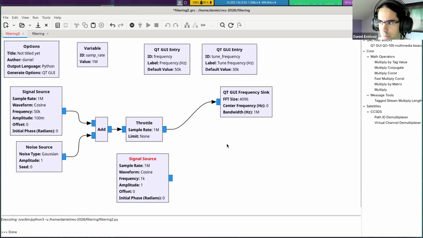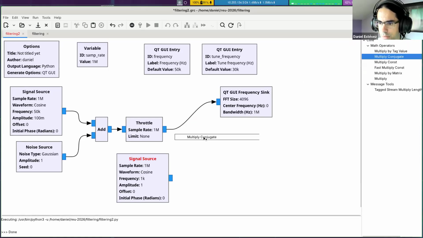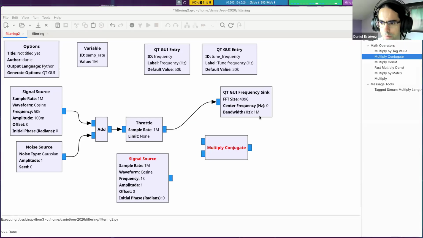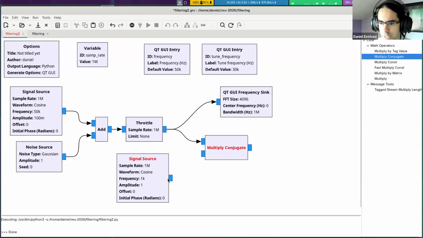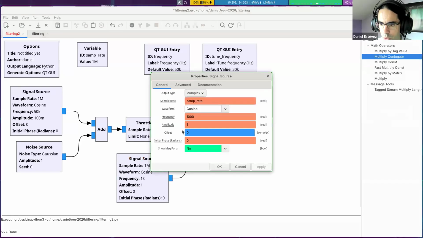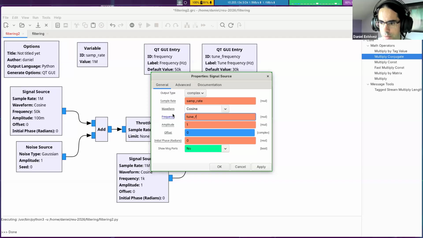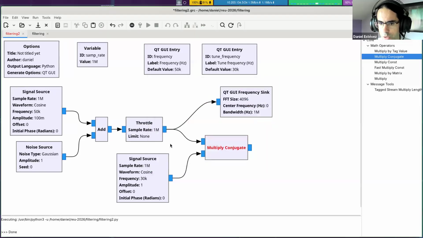And we multiply conjugate. I, of course, need to set the frequency here to tune frequency. I have the input at 50 kilohertz, this one at 30 kilohertz, and I'm doing the multiply conjugate operation.